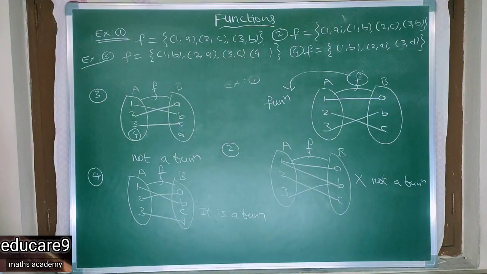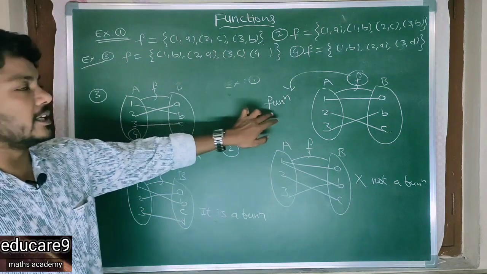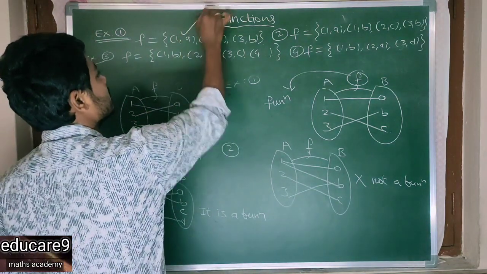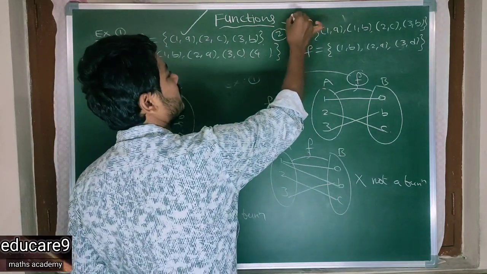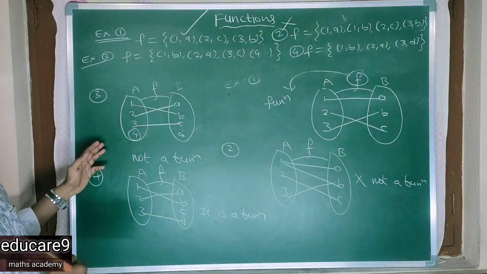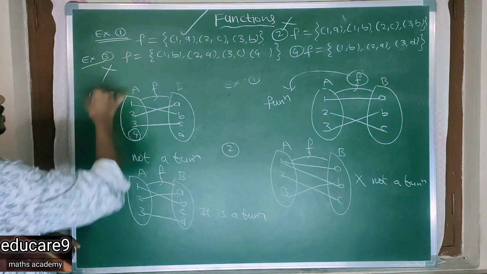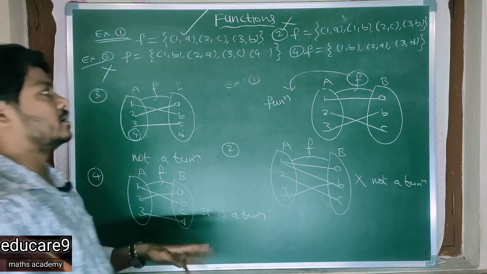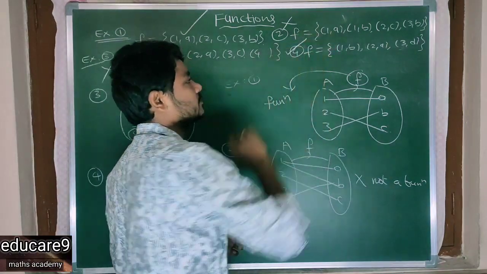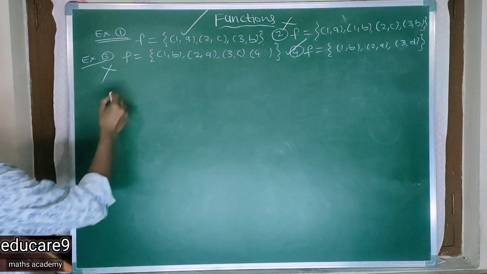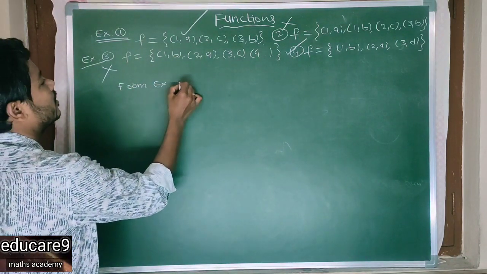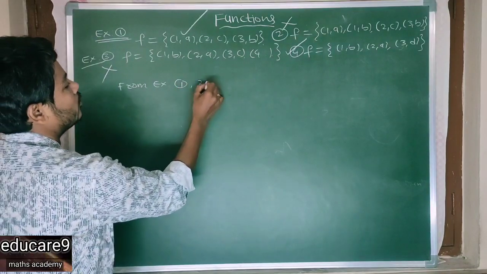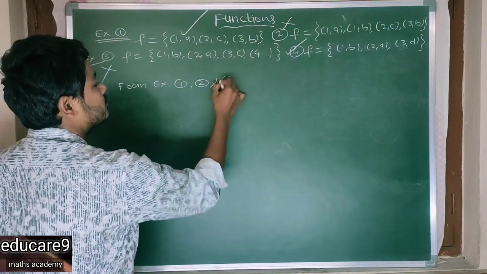See here, example 1: is it a function? It is a function. Example 2, not a function. And 3, not a function. And 4, it is a function. Observe examples 1, 2 and 4.